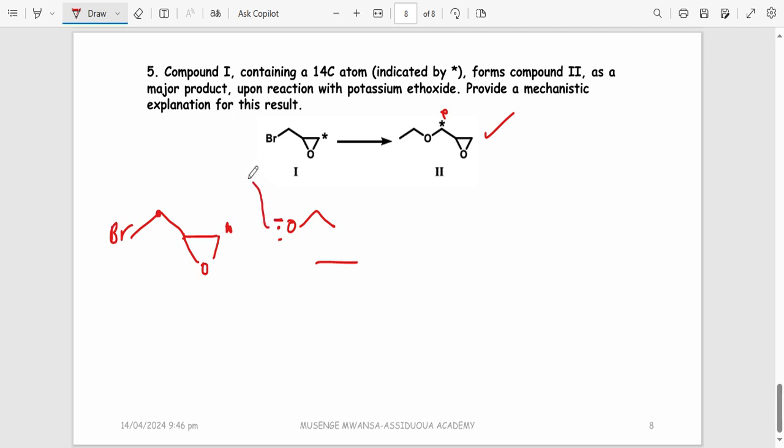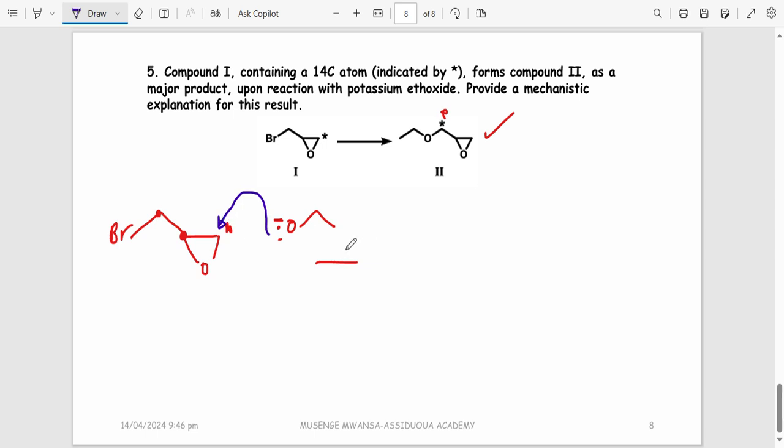You don't attack here because this carbon is more hindered. So when these reactions with epoxides are happening, you attack the carbon that is attached to the oxygen, but that is less hindered. That's why we are going to attack this carbon here.